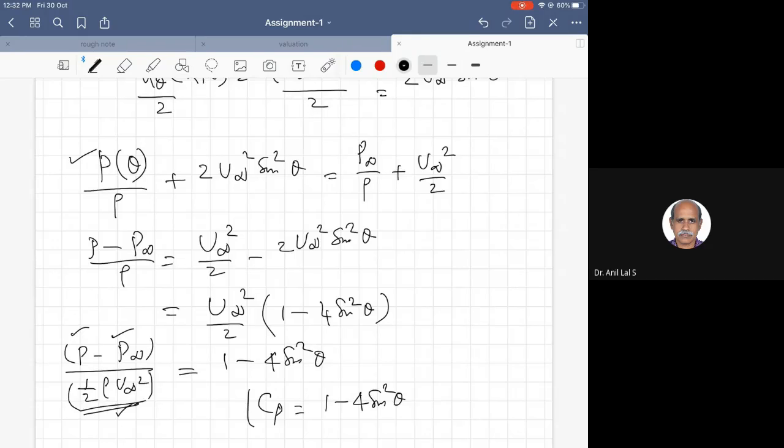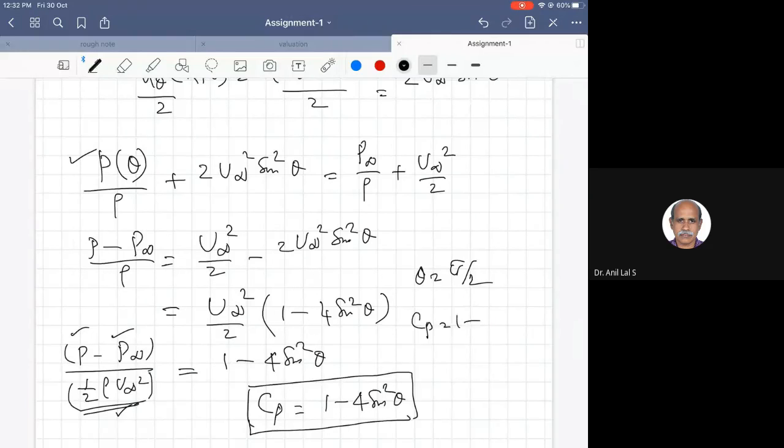So this is the pressure coefficient, which gives the pressure distribution over the surface of the cylinder. You can find out where the pressure is maximum and where it is minimum. Where the velocity is minimum, you'll have maximum pressure. Where velocity is maximum, you'll have minimum pressure. When theta is equal to pi by 2, you have maximum velocity. So what is the Cp there?